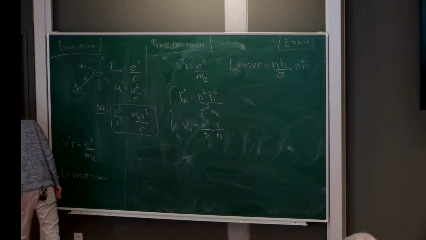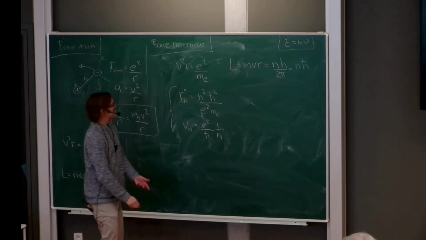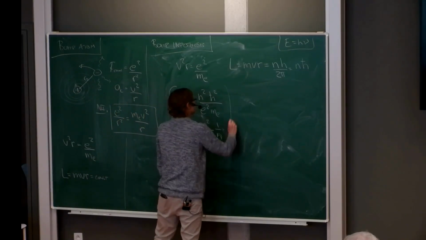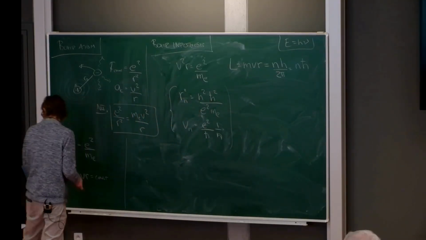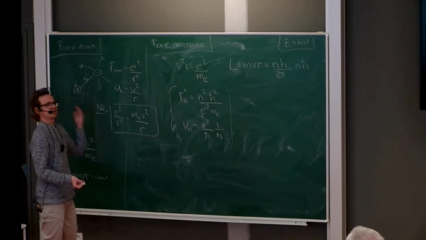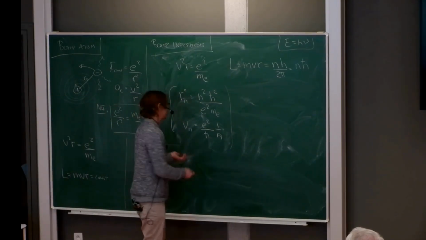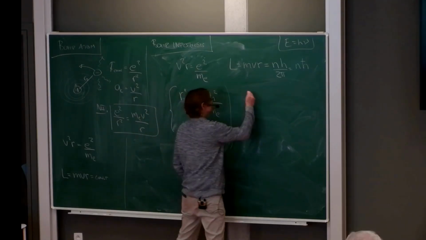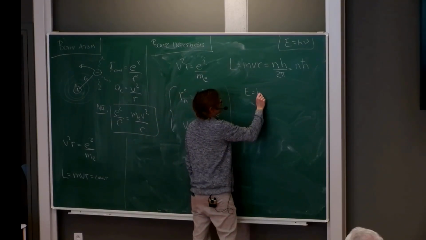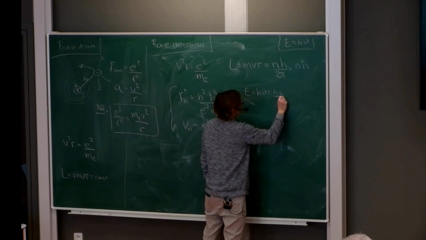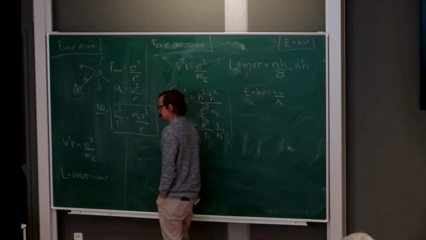Now, that's nice, but we were interested also in the energies, right? And in the wavelengths that the emitted spectra would have, given by h nu, hc divided by lambda.